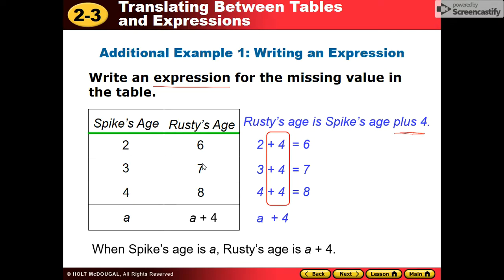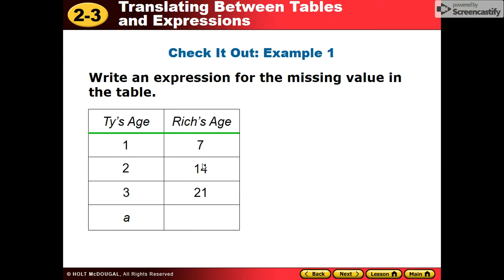So here's another example of that. This one isn't on your sheet, but I think it's still worth taking a look at. We have Ty's age and we have Rich's age. What is the relationship here between their ages? Well, Rich's age is always Ty's age times 7.